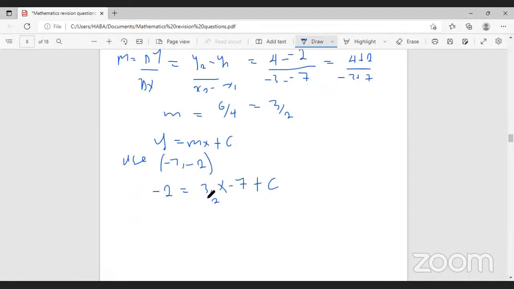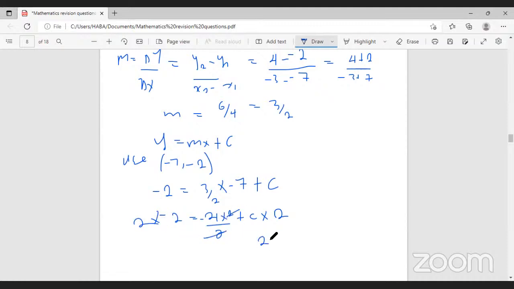Okay. So what is our c? 3 times -7 is negative 21 over 2 plus c. So we can multiply by 2 here, by 2 here, and by 2 there.